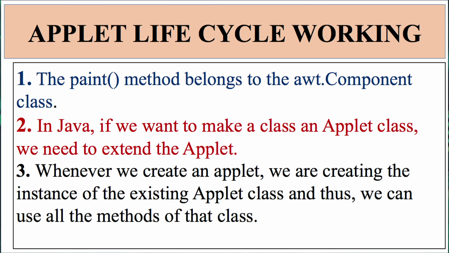In Java, if we want to make an applet class, we need to extend Applet. You can see in the previous one, this TestAppletLifeCycle class is extended from the Applet class. Whenever we create an applet, we are creating an instance of the existing Applet class, and thus we can use all the methods of that class.